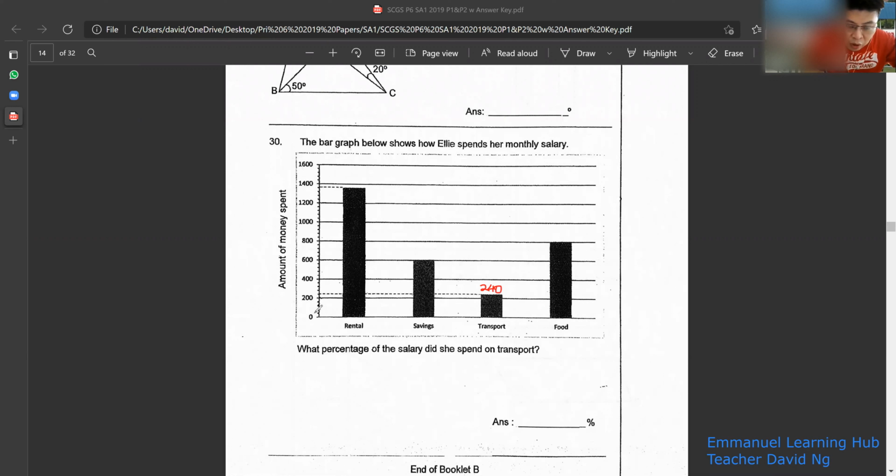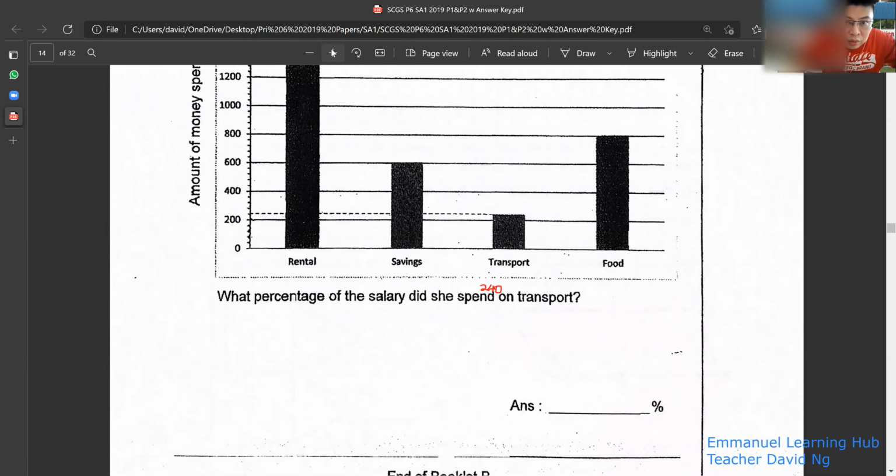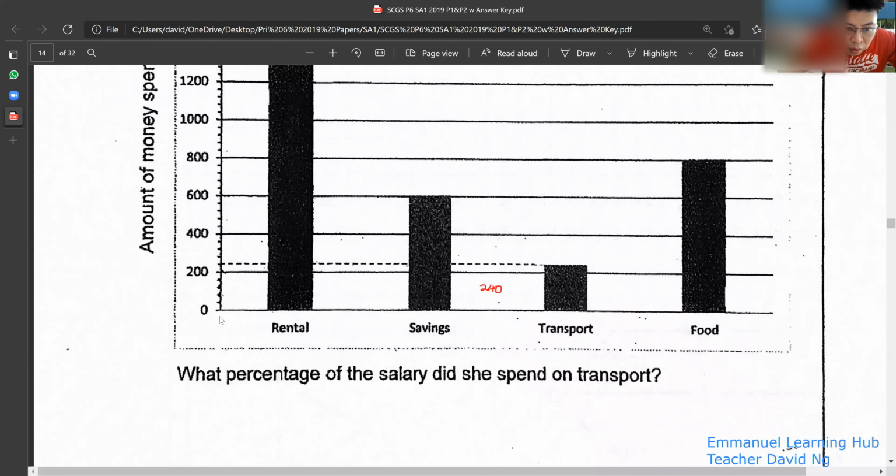How do I know it's $240? Because if you were to zoom in, you can see there's 1, 2, 3, 4, 5 gaps. 5 gaps is 200. So 1 gap is 40. So this 1 gap more, so 240.